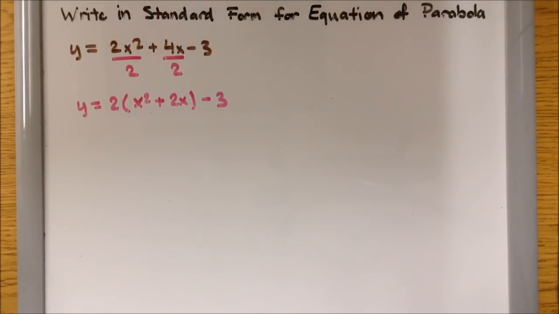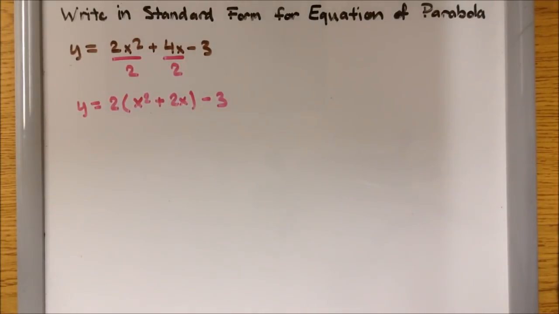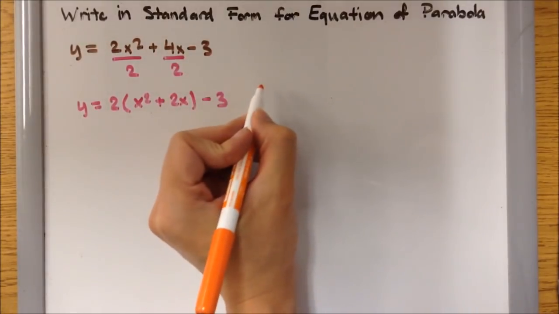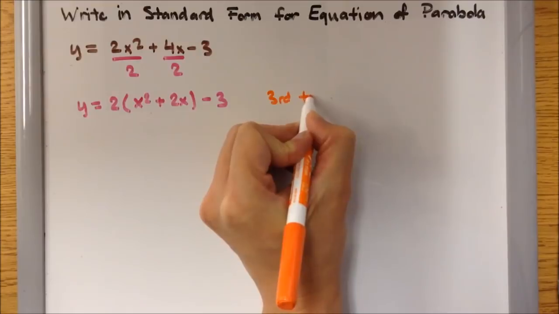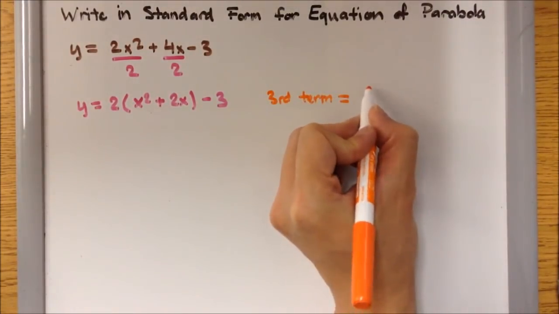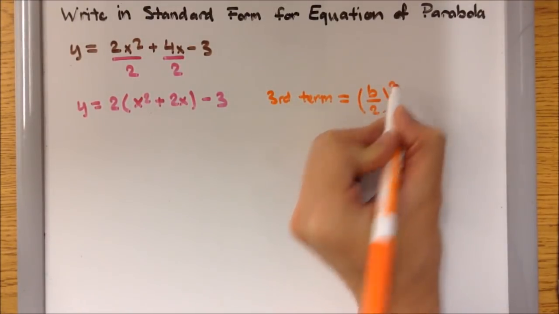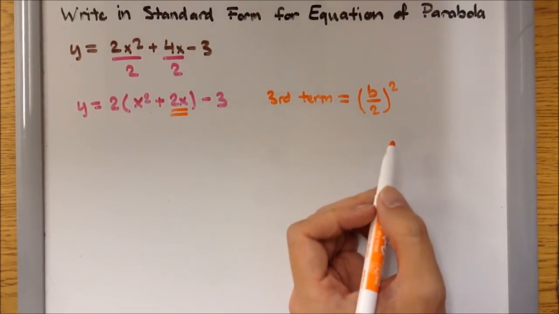So next, I'm going to add in two terms after the 2x. First I'm going to find the third term. The third term will be b divided by 2, squared. So this is our b value, just a number.